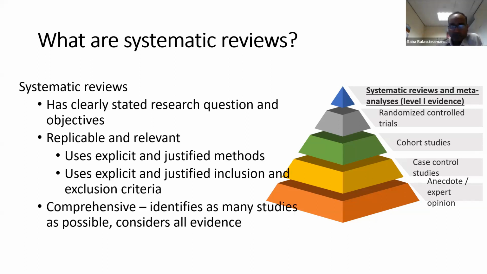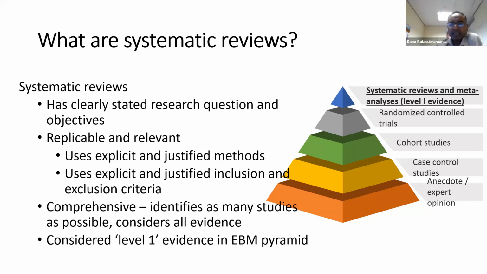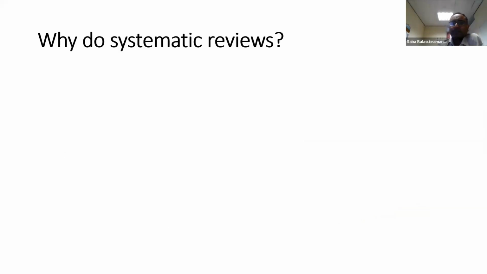I also mentioned right at the beginning that these reviews have to be comprehensive and should identify as many studies as possible and consider all the evidence. And if you do a systematic review of good quality randomized controlled studies, then that is what we consider level 1 evidence in the hierarchy of evidence.